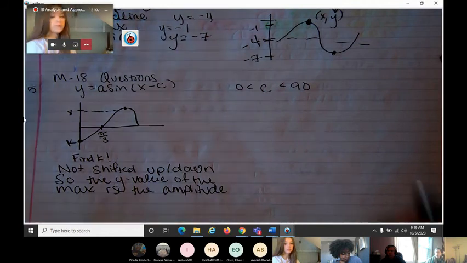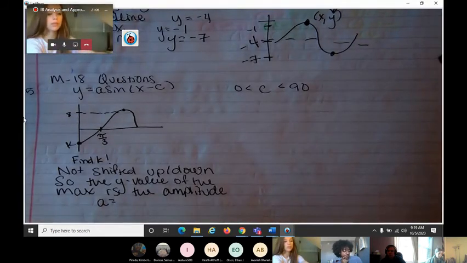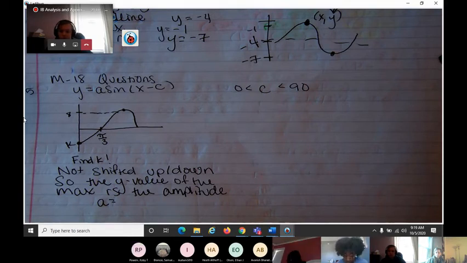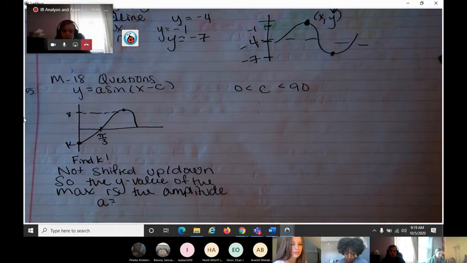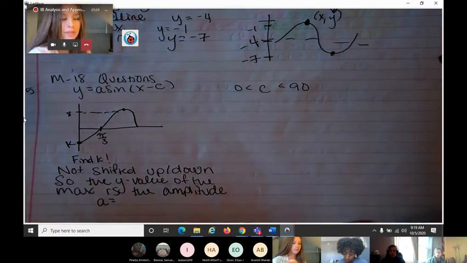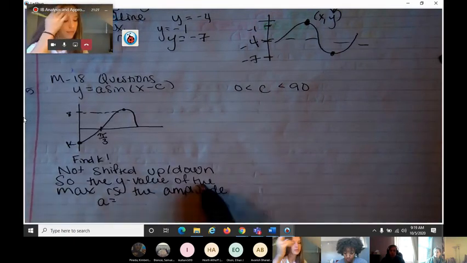So this means that our A is going to be what, Ruby? Amplitude is going to be the y value of the max.